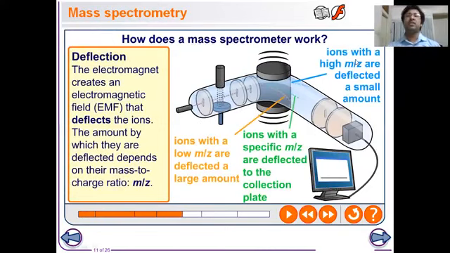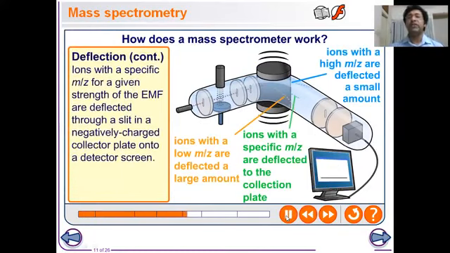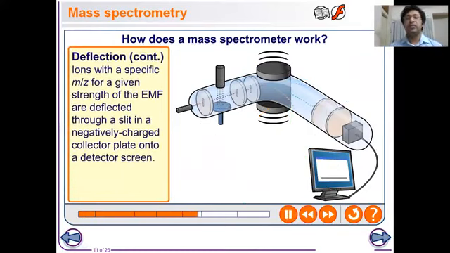That means if the charge of the particles is more, then the mass charge ratio will be less. If the mass charge ratio is less, then the particles will deflect more. And if the mass charge ratio is very high, then the particles will deflect less. So here we can show three different types of mass charge ratio.